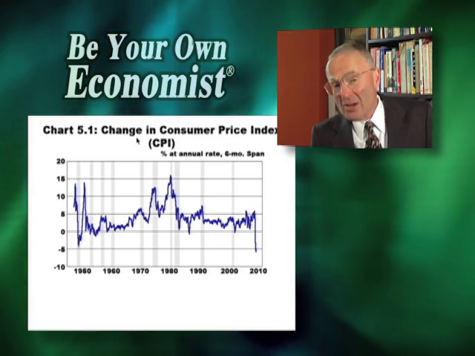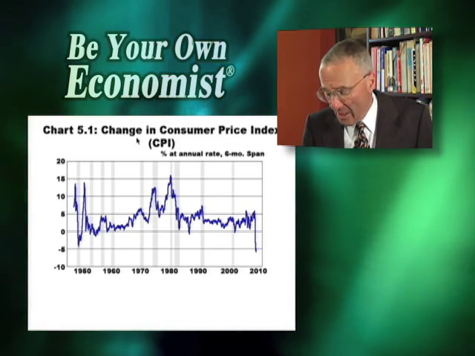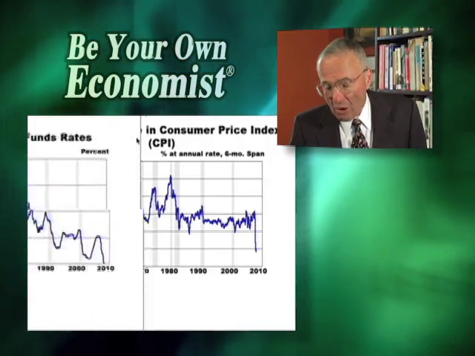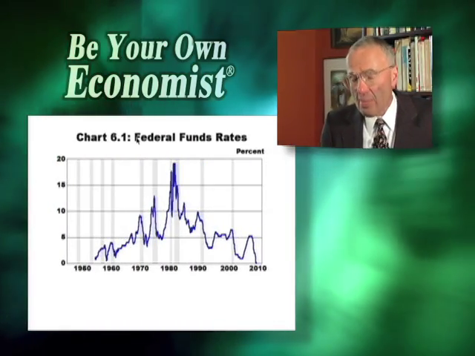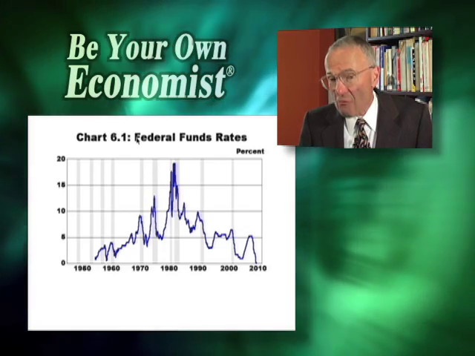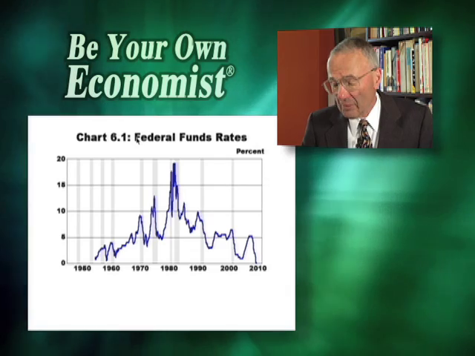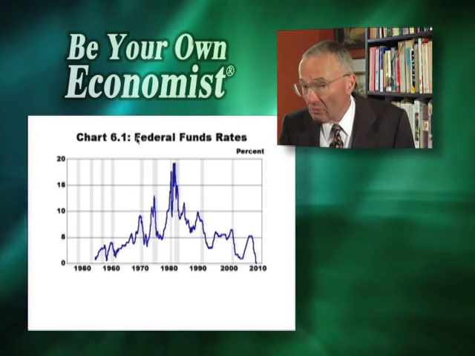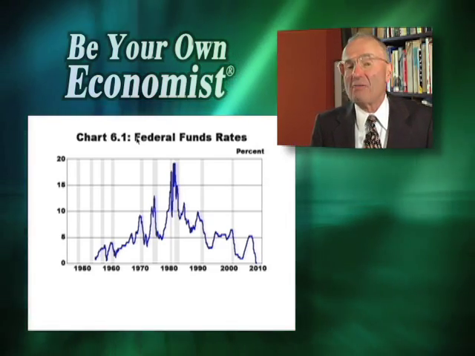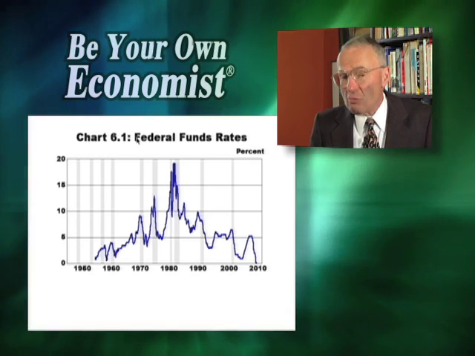And because inflation has remained moderate ever since, if you turn to chart 6.1, you can see that interest rates have fallen ever since the year 1982. And they haven't fallen regularly. That is, they haven't fallen uninterruptedly.